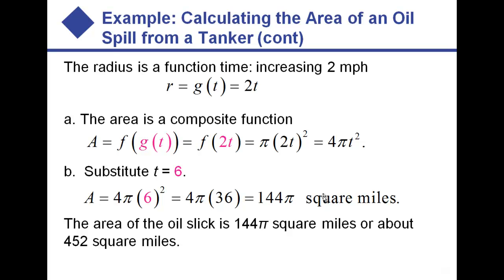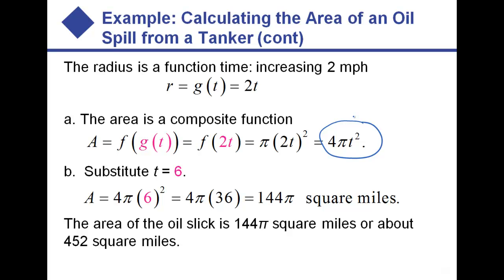And in this case, it's f of g of t, so it's f of 2t, so it's pi r squared, but it's pi times (2t) squared, which gives you 4 pi t squared. So there's our function that represents the area of the oil spill in terms of time instead of just in terms of its radius. So we found part A.